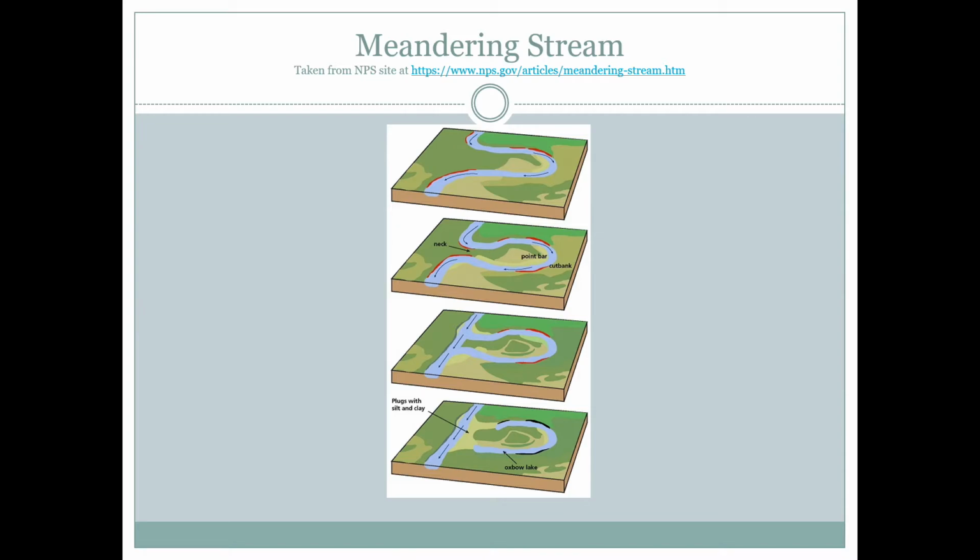So when we get to the second diagram, notice how those bends have moved towards one another. And then we get to the third diagram down, notice that those bends have actually contacted one another, and now the stream stops flowing around the bend and starts flowing straight because water wants to go the path of least resistance, right? So it starts moving straight and goes on through, thereby cutting off that meander, which then, if it retains its water, is called an oxbow lake.